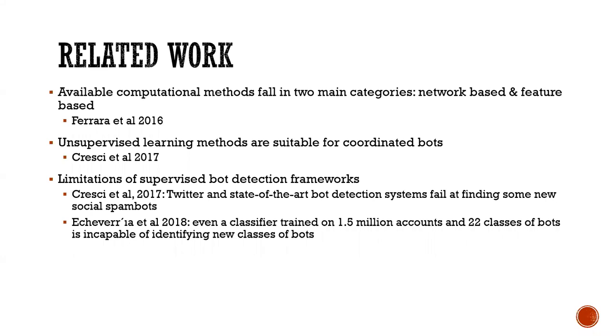Network-based methods analyze the whole network around the accounts and do the predictions. But feature-based approach includes supervised learning methods in which they compute features based on an individual account, and then they do the prediction based on those computed features.